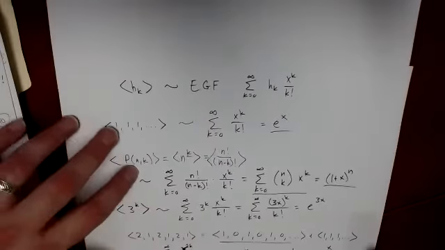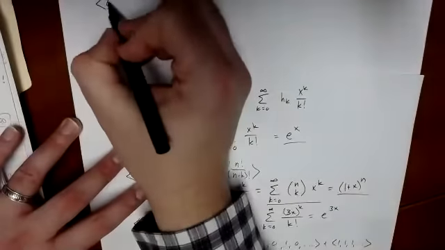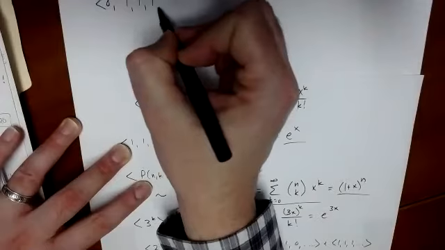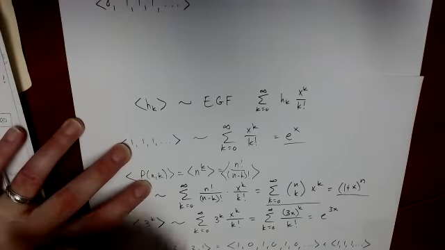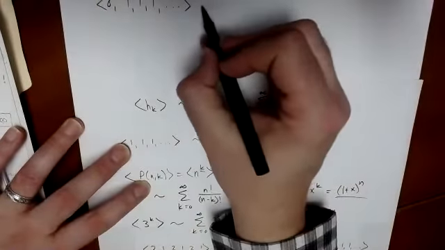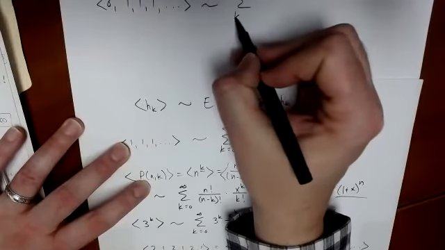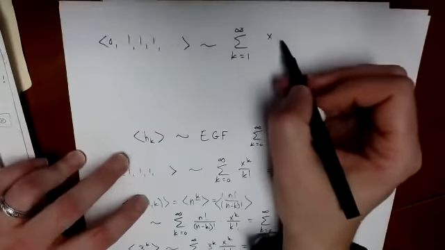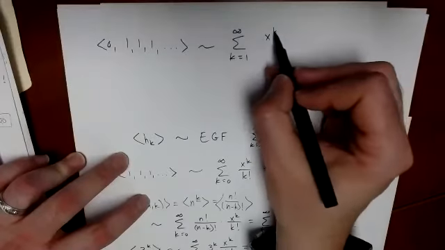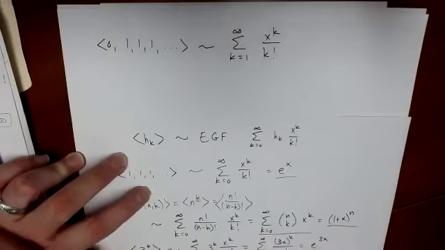All right, and then e is just 0, 1, 1, 1, and so on. And so how do we handle a shift here is essentially the question. This corresponds to the sum as k goes from 1 to infinity of x to the k over k factorial.